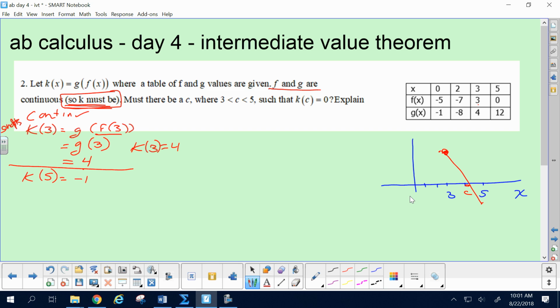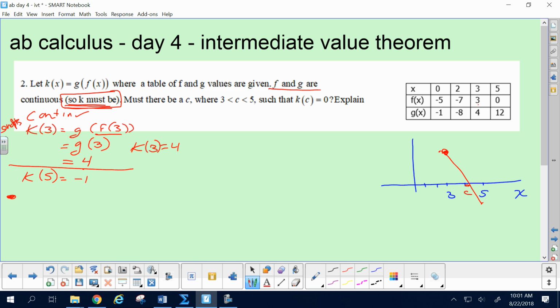So when they say c, they're referring to more like, is there some specific place in this x region where there's a 0? And so don't get hung up on that. C is just a specific. Does there have to be such a place where k at that x value or y equals 0? Is betweenness satisfied? Yes.